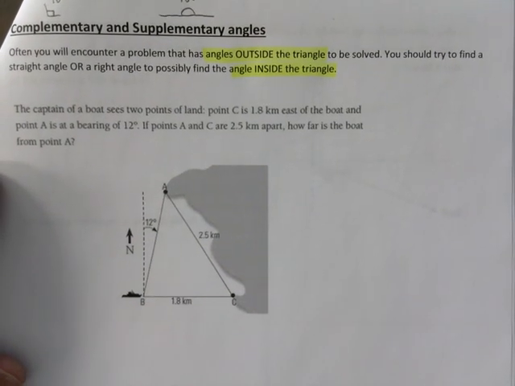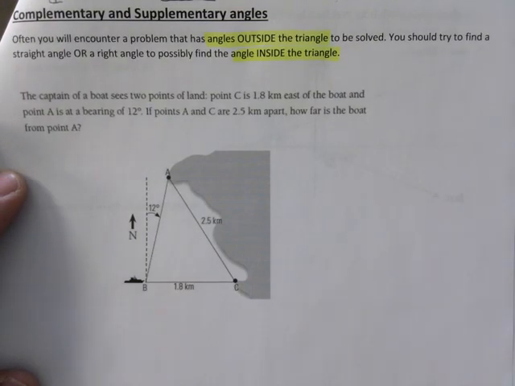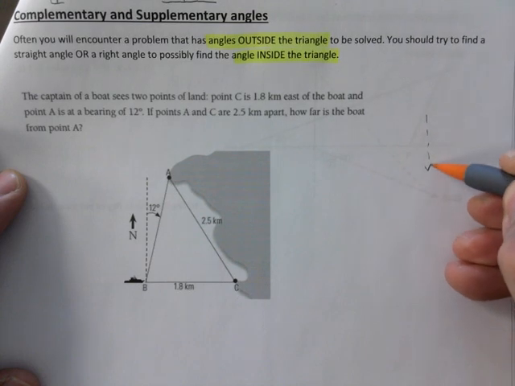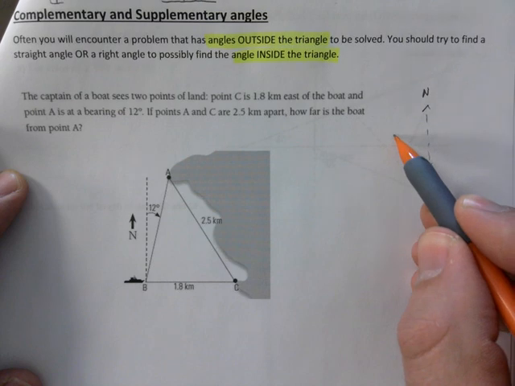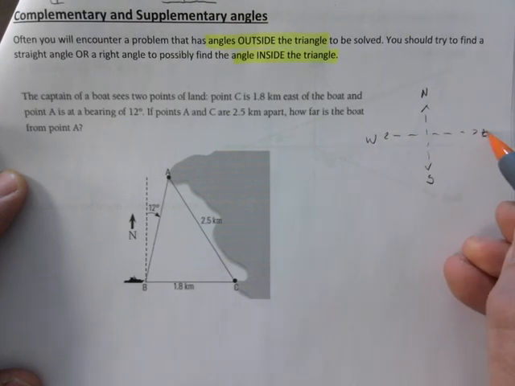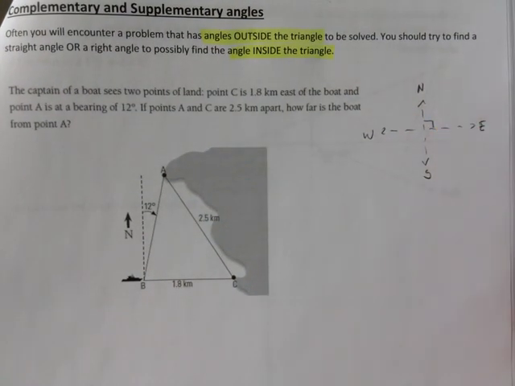The classic ones are north, south, east, west scenarios. Please, with me on the right side here, just have a reminder: north and south are perfectly vertical, and east, west are perfectly horizontal, and they meet at a 90 all around.